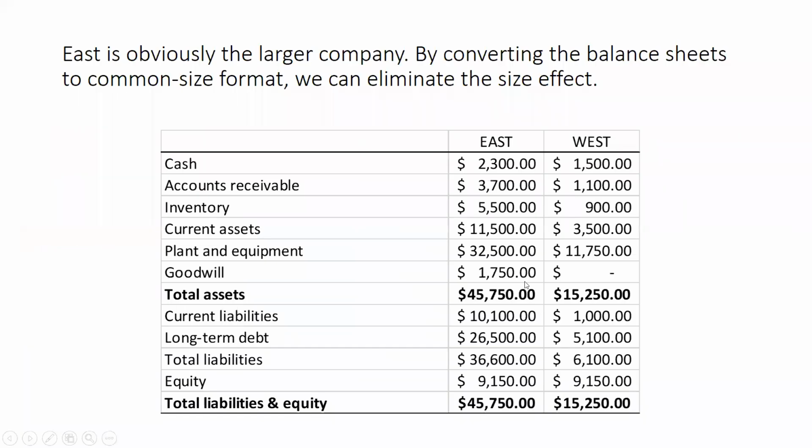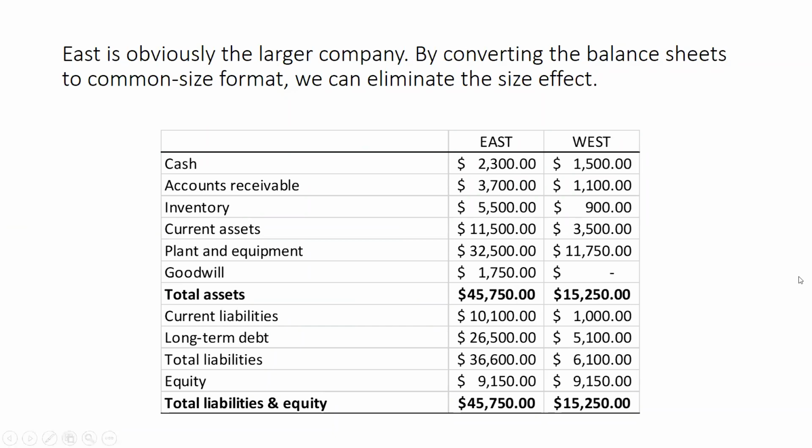Okay, last time I gave you an assignment to go over the balance sheet of two different companies, East and West Company, and to make the common size balance sheet from it.